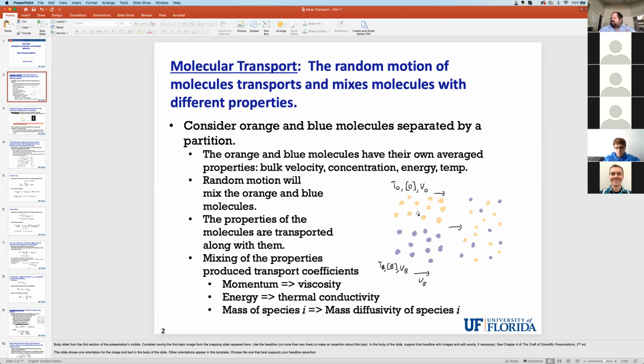This random motion not only makes the concentration of the particles uniform, but it also transports their properties along with the particles.